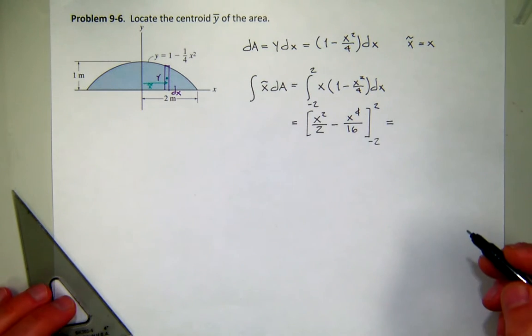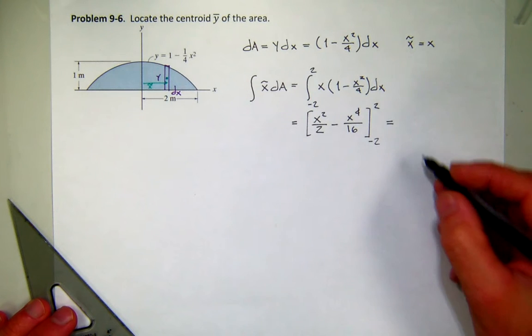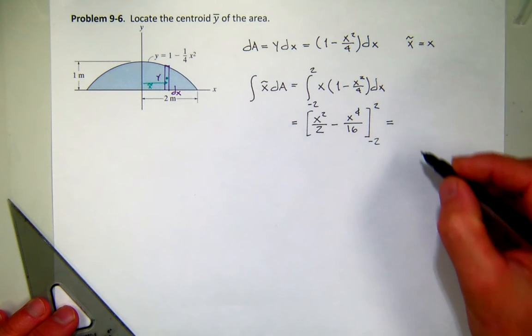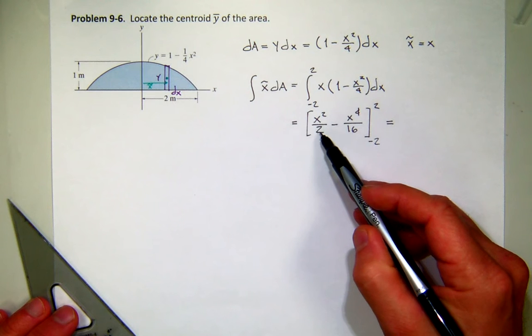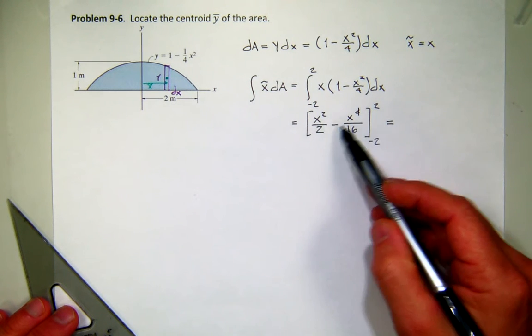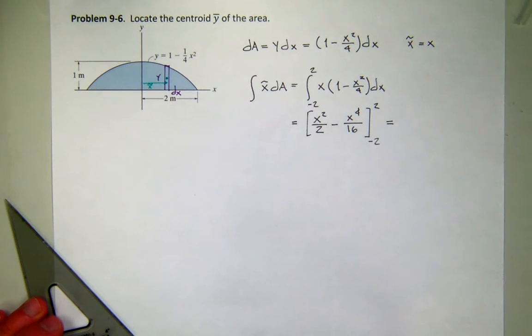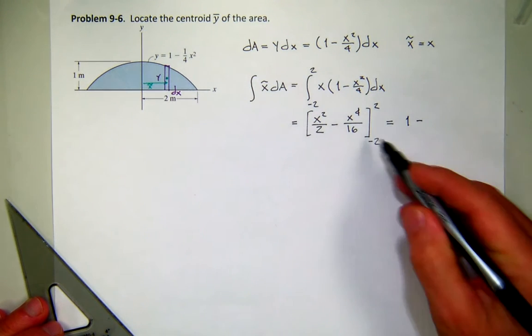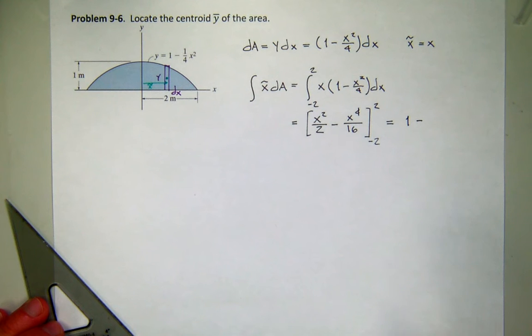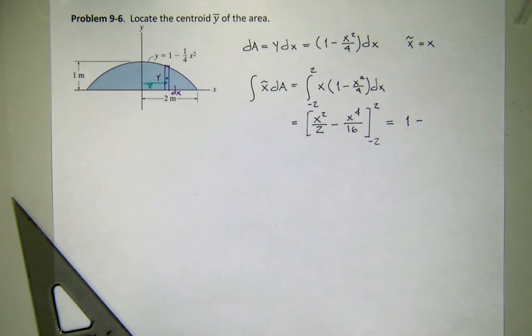Did you guys get 3? I just did the upper limit. I got 4 over 2. That's 2. And then this is 6. No, I get 1. You guys get 1? Yeah. Okay, so that's 1. Now let's do the minus 2 limit. I think you get 1 again, don't you? Mm-hmm.